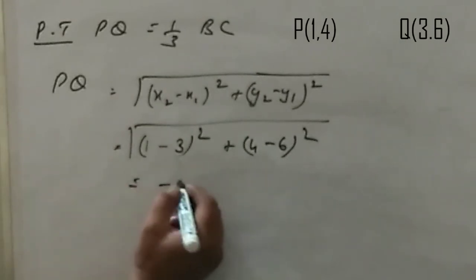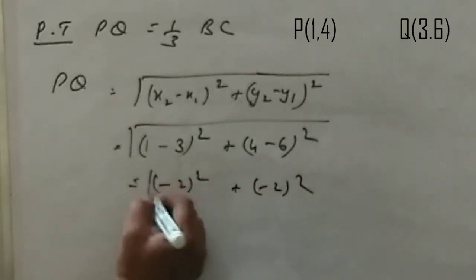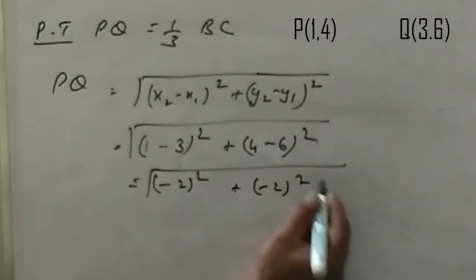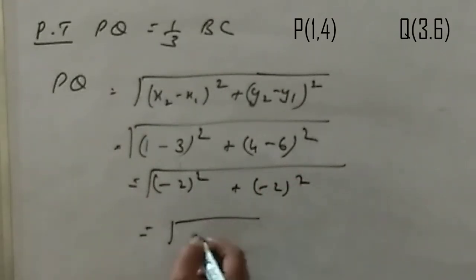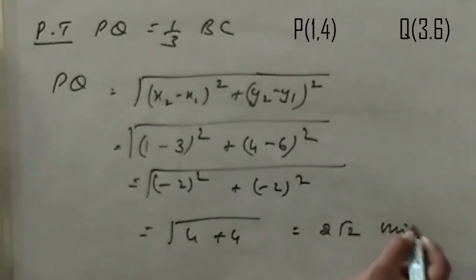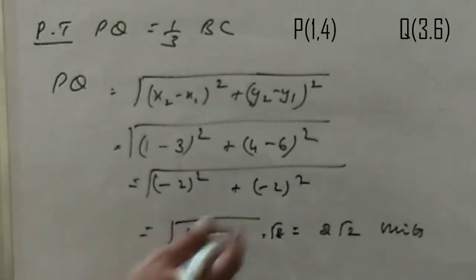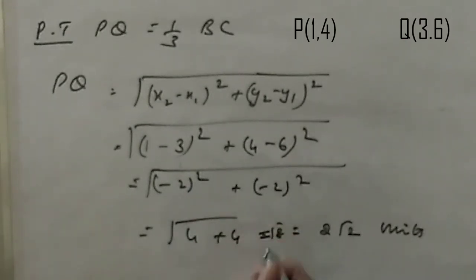So you will get (-2) whole square plus (-2) whole square under root. That is 4 plus 4, under root 8, that is 2 under root 2 units.